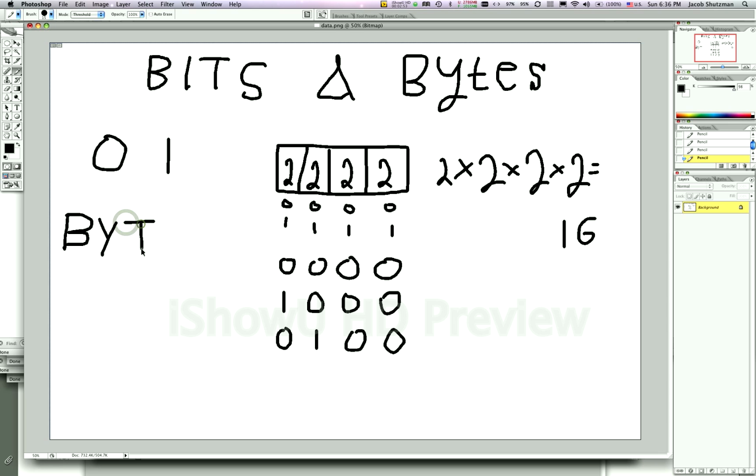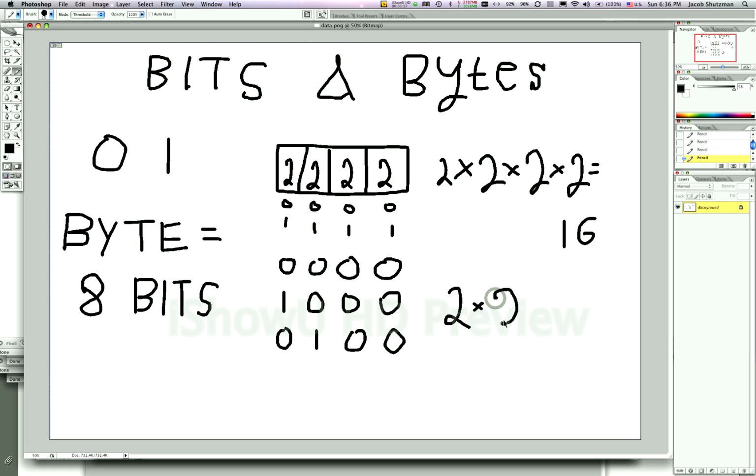And we also spoke about something that's called byte, and we said that byte is made of 8 bits, right? Byte is equal to 8 bits, and therefore how many codes can we store in 1 byte? We simply multiply the number 2 8 times, which is equivalent to 2 to the power of 8, we call it.